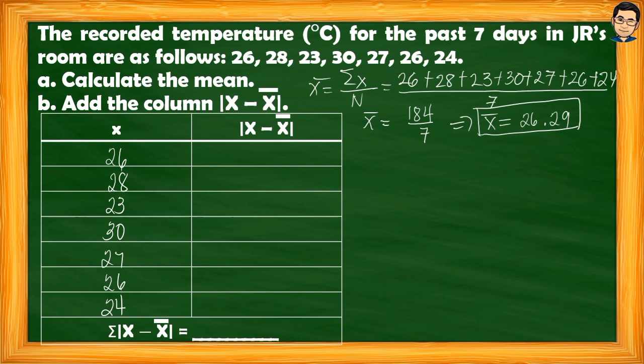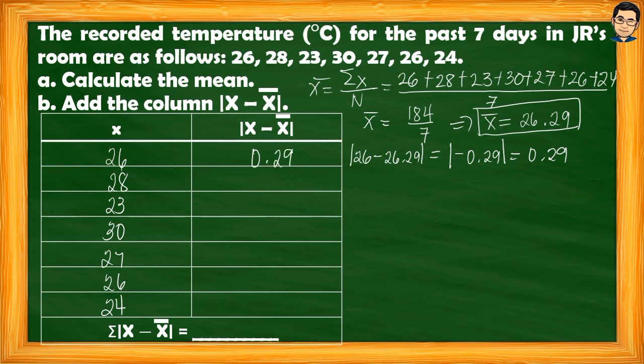So, una, 26 minus 26.29. So, ang makukuha nating difference is negative 0.29. That is negative 0.29. And then, yung absolute value niya is 0.29. So, yun ang isusulat natin dito.